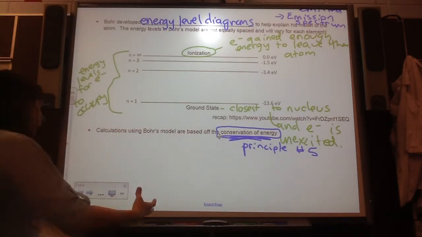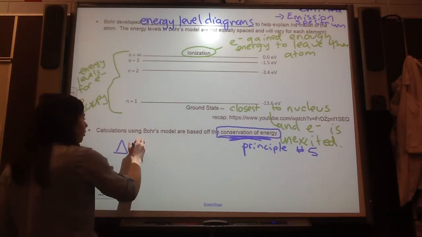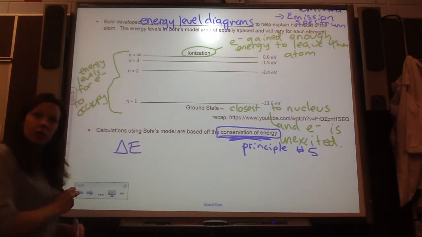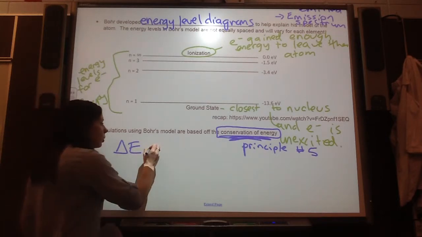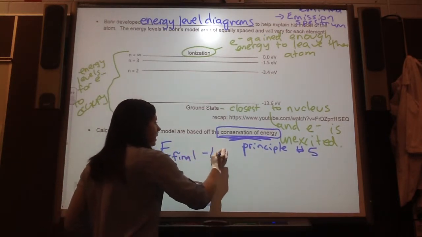We're often going to look for change in energy, so delta E, and that's always equal to our E final minus E initial.